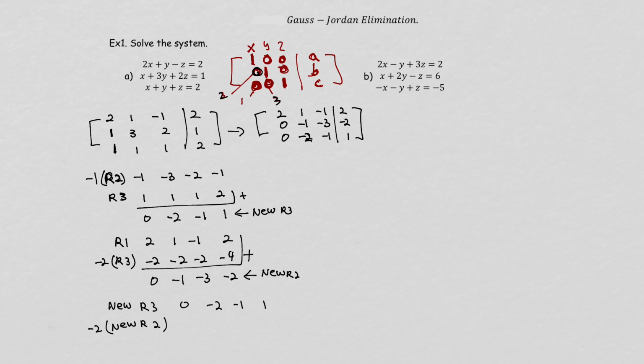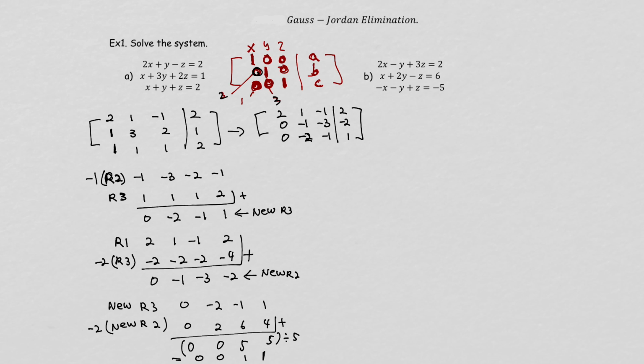New row 2 times negative 2 will be 0, positive 2, positive 6, positive 4. Add them up, I get 0, 0, 5, and 5. And I can tell if I divide all this by 5, I will get 0, 0, 1, 1.